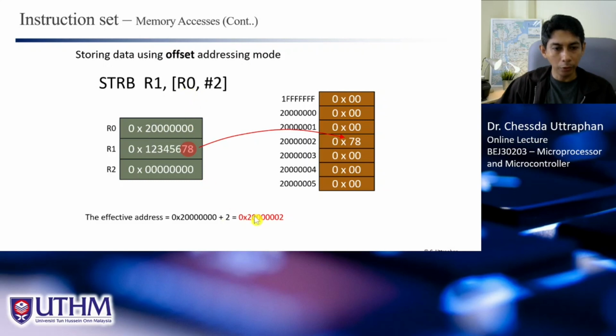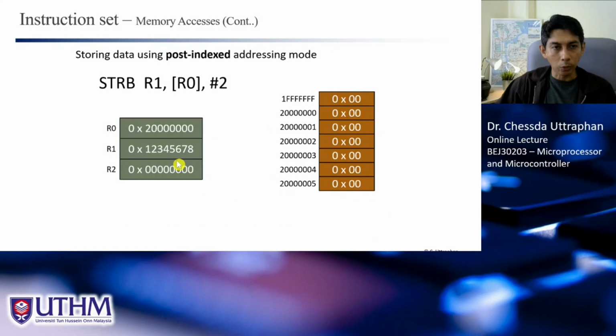Although we get the effective address, after we execute the instruction, this one remains the same. The only difference is the address that we want to look at. So this is internal, but in the register, nothing changed.